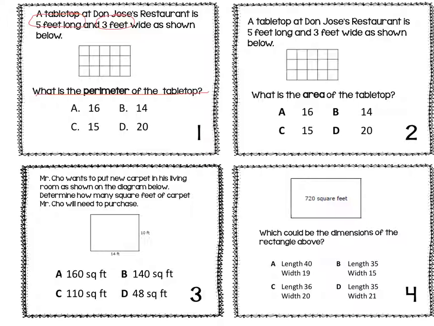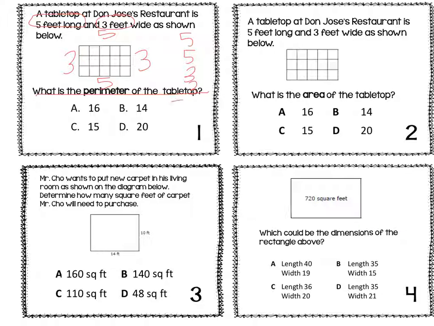So that means if we're looking at our picture, we know that it's 5, 5, 3, and 3. And if we think back to perimeter, we know that we need to add up all the sides. So it would be 5 plus 5 plus 3 plus 3.